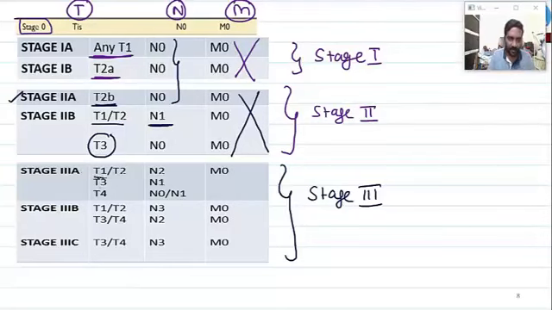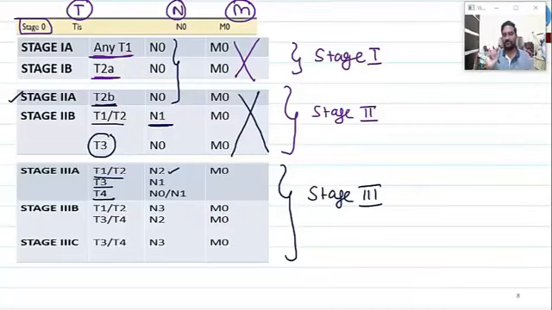So T1, T2 with N2, or T3. Now the tumor is big, T3, and even N1 has been involved. So T3, N1 will also come under stage 3A. Now if the tumor is very big, T4, then irrespective of nodes, even if nodes are not there, we call it stage 3A.